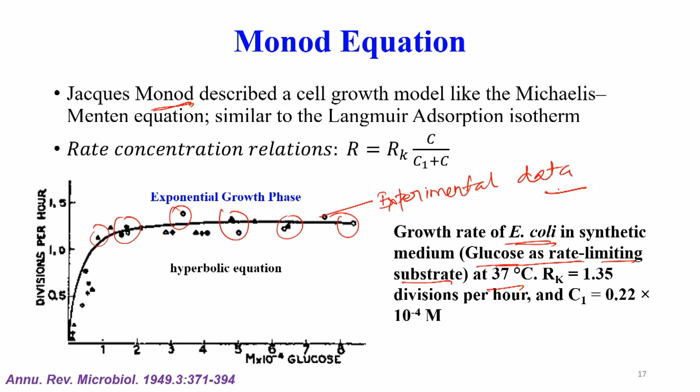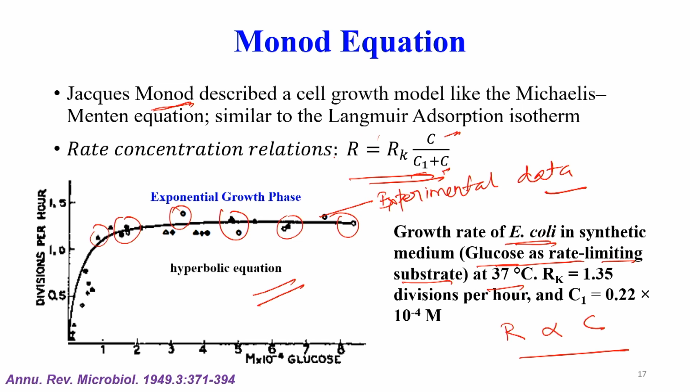And by seeing this experimental data, he observed the nature of the curve is hyperbolic. So, he applied a hyperbolic equation. It says rate is directly proportional to C, and in the hyperbolic equation, rate is proportional to C divided by C1 plus C, and Rk is the constant here.